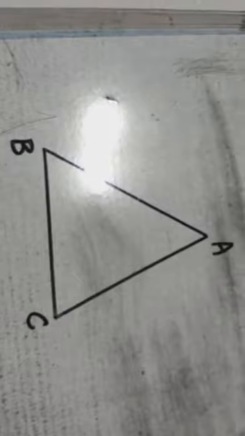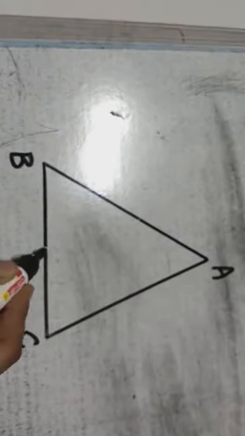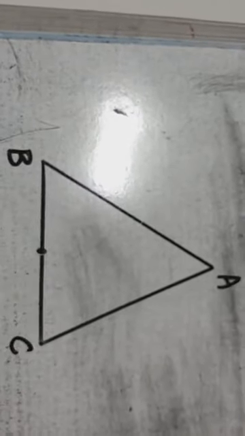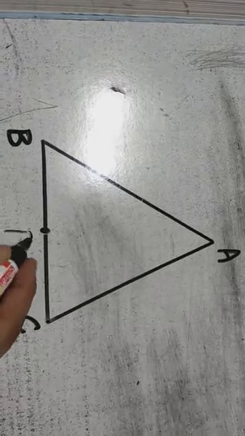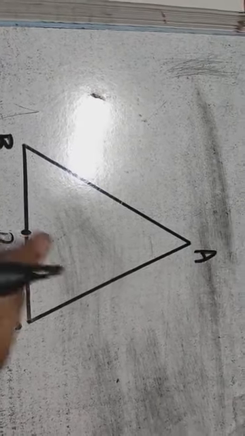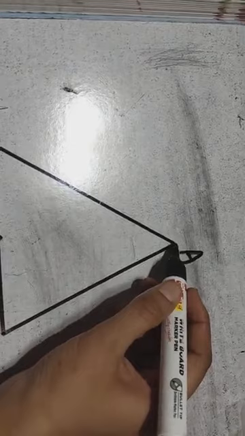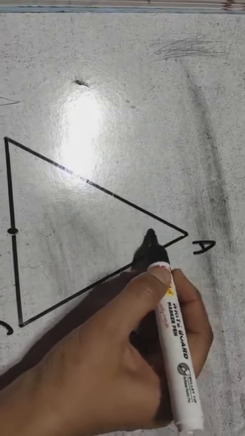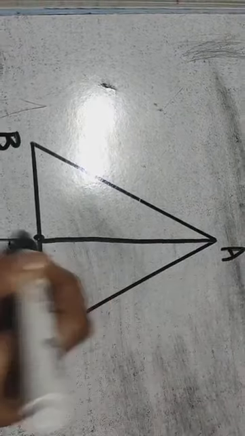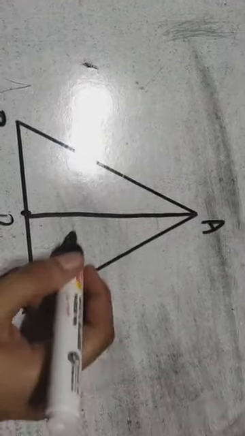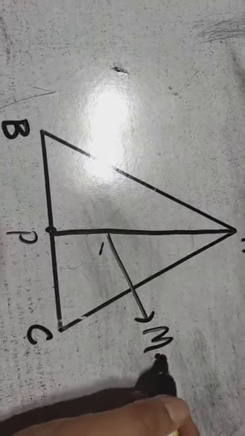For example, in this triangle ABC, the midpoint of BC, let us suppose this is P. The line joining the opposite vertex A and the midpoint of BC is the median. So this is the median.